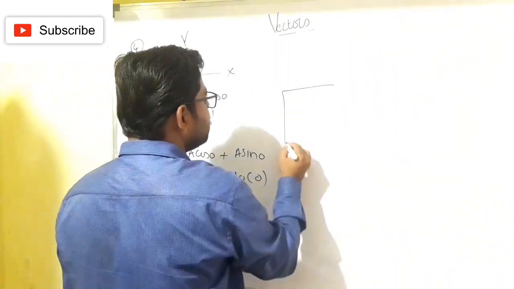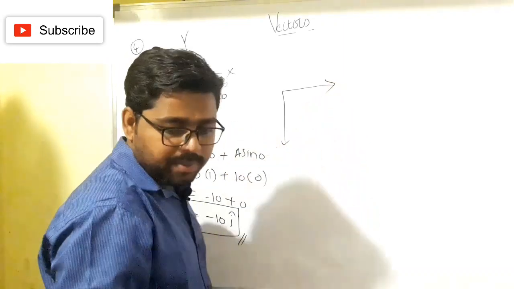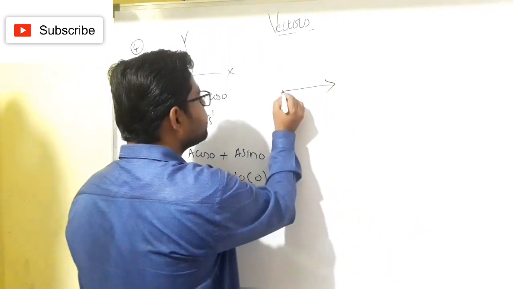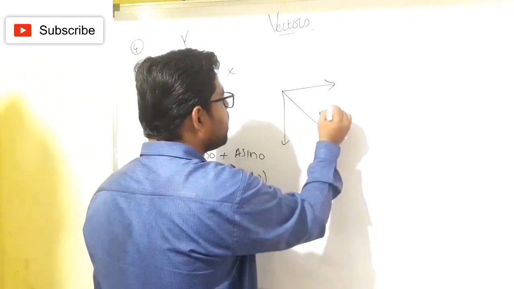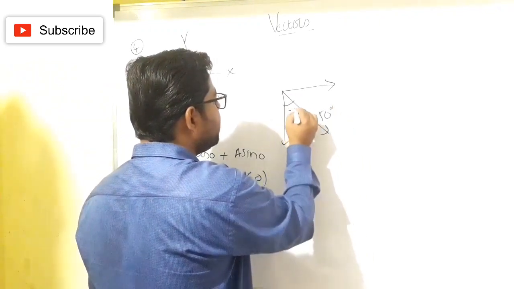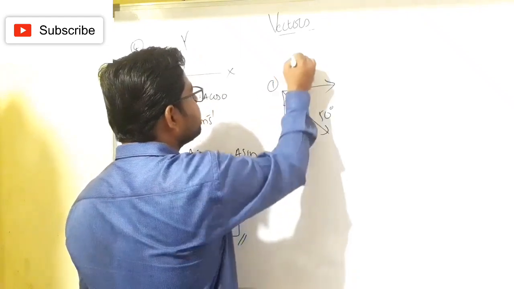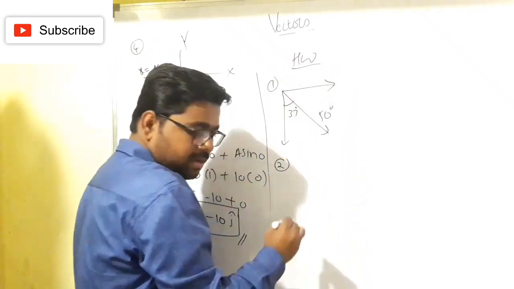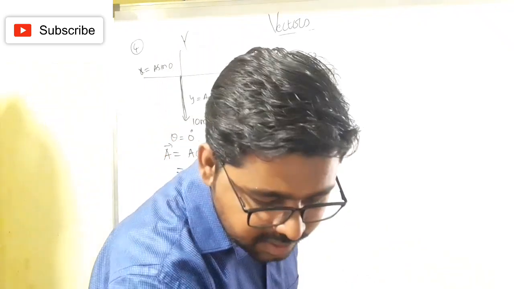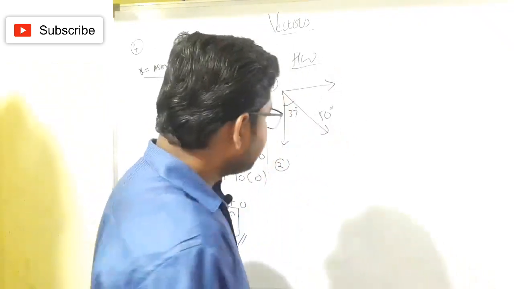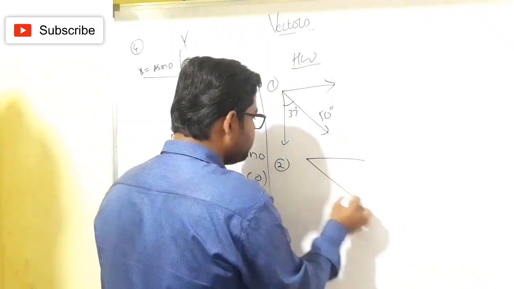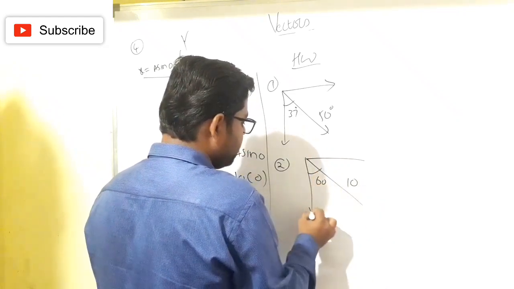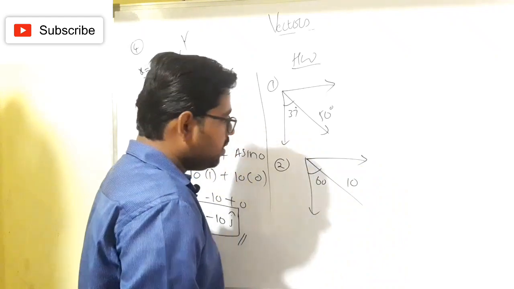So this is the example. Let's take it is 50 units and it is 37 degrees. Number 1. Then second one, similarly, it is 10 units making 60 degrees, right?